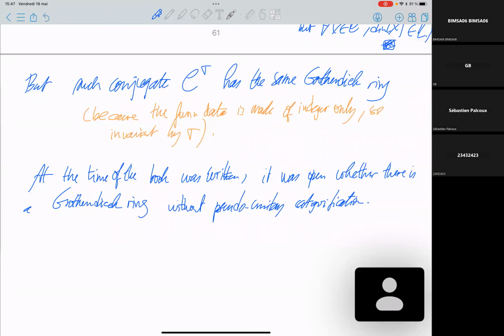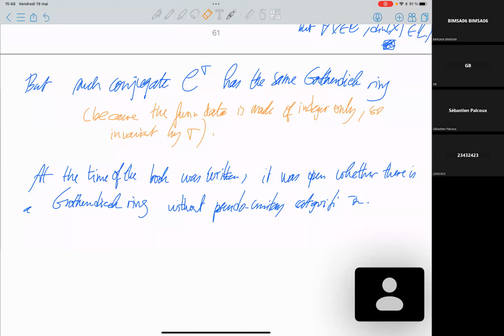When I say Grothendieck ring in this section, I am talking about the Grothendieck ring of a fusion category. So I am talking about a fusion ring with a categorification, but not a pseudo-unitary categorification. So it was an open problem whether there exists a fusion ring which is not Grothendieck equivalent to a pseudo-unitary fusion category.